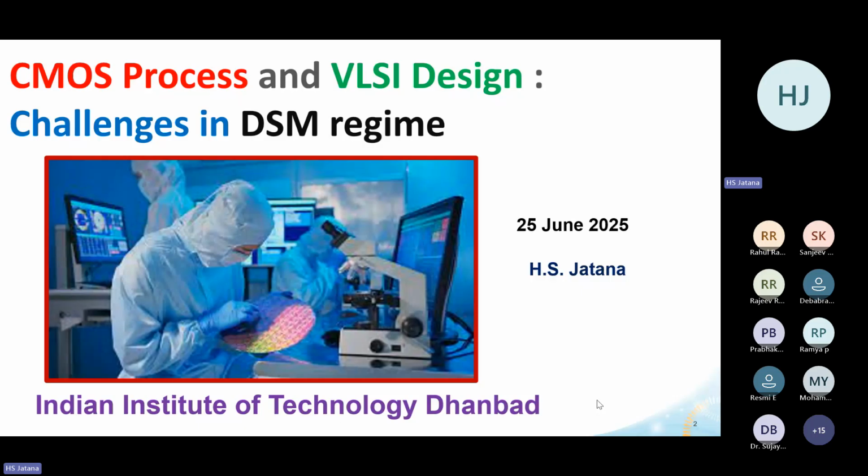Out of this, $600 billion is the component. By component, I mean the integrated circuits, VLSIs. And 90% of the $600 billion components are made using silicon substrate. They are VLSI circuits.